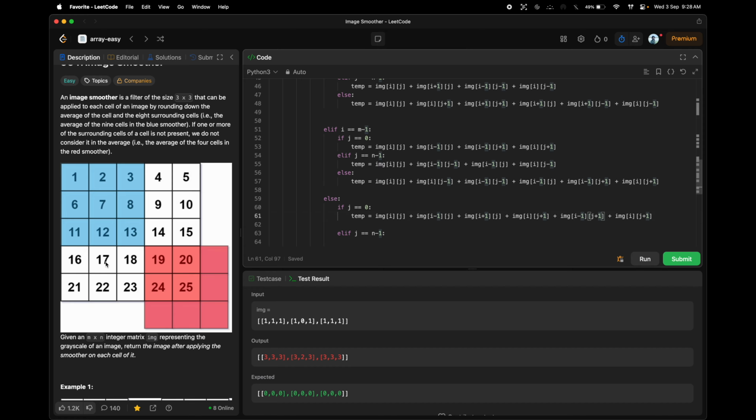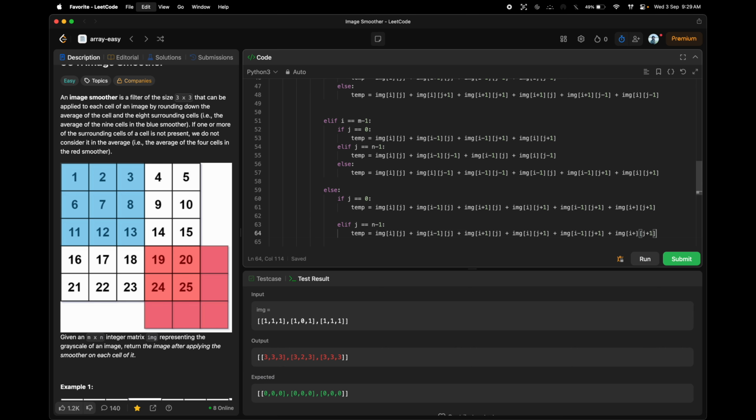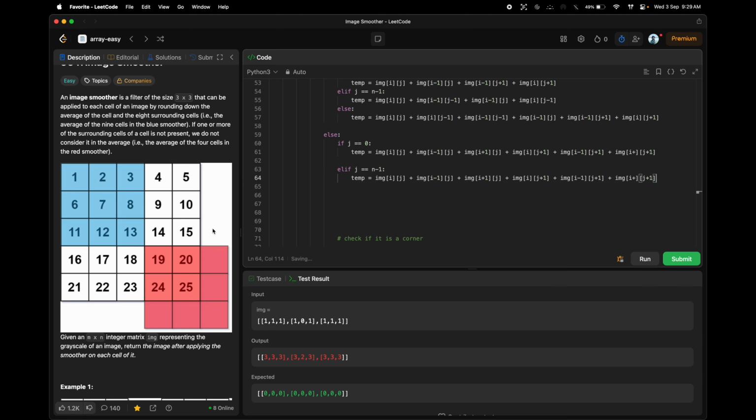Okay, now let's talk about this one only. This is, I think, I plus 1, j plus 1, I plus 1, j plus 1. Okay, only one left. And now let's say I'm on this edge, so top and bottom would be the same, I guess. I minus 1, I plus 1.